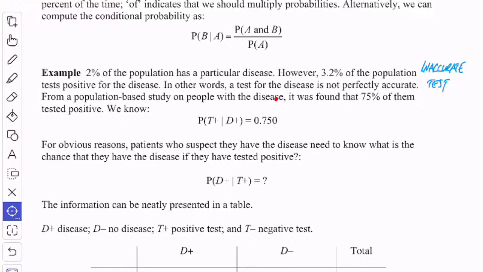This is a group of people with the disease. Okay, so this is a defined population. So given that people have the disease, the chance of getting a positive result is 75%. It should be 100, right? But it's not.